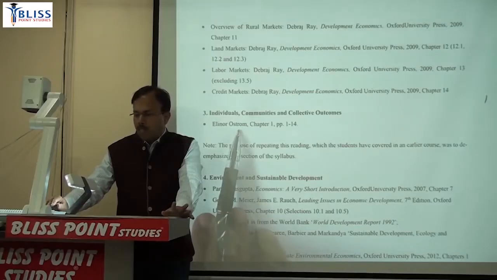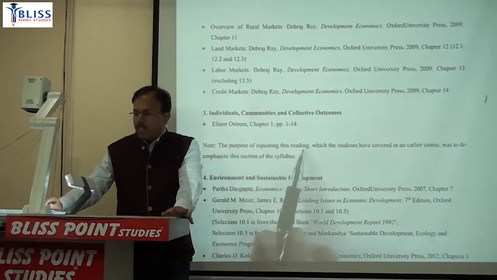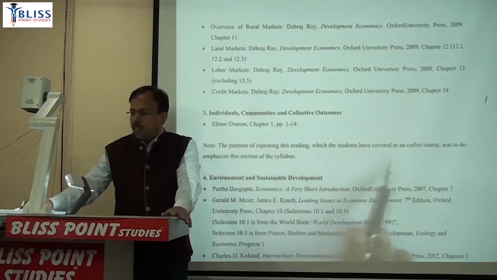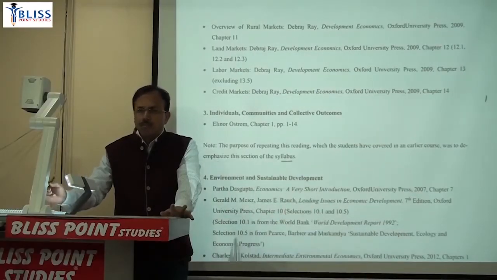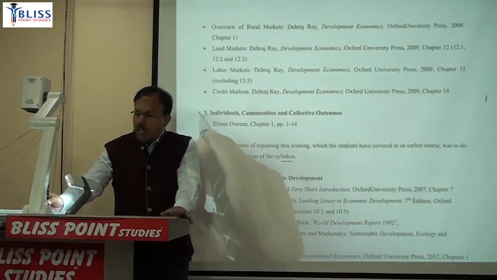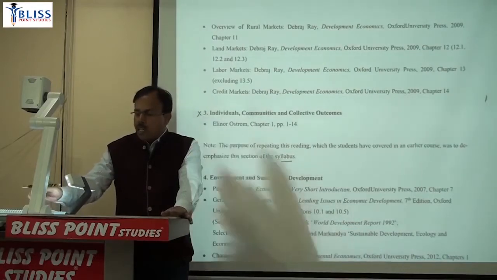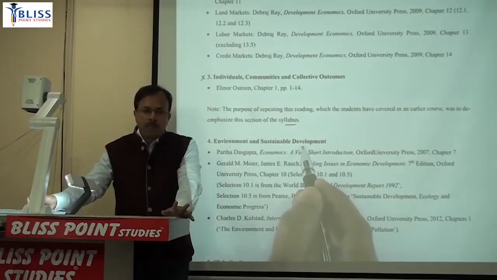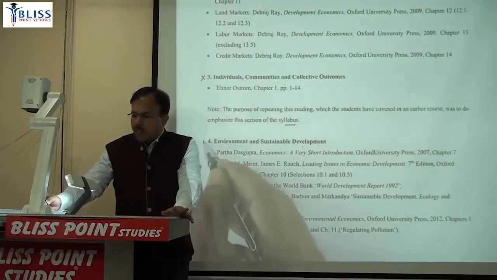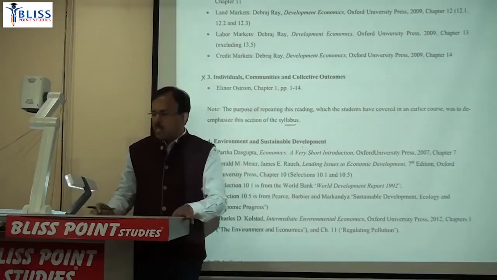Ostrom की reading आपने पढ़ ली है. The purpose of repeating this strategy, which the student have covered in the earlier course, was to de-emphasize this section of the syllabus. So simply ignore that unit number 3. In that place, write unit number 3 as environment and sustainable development. So third unit effectively will be environment and sustainable development.